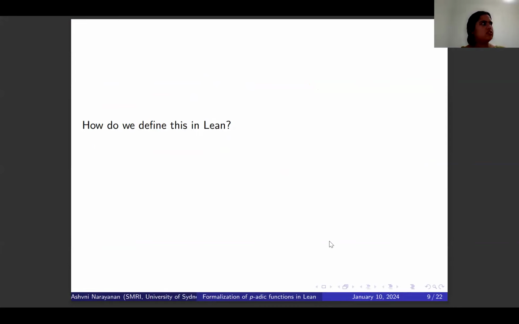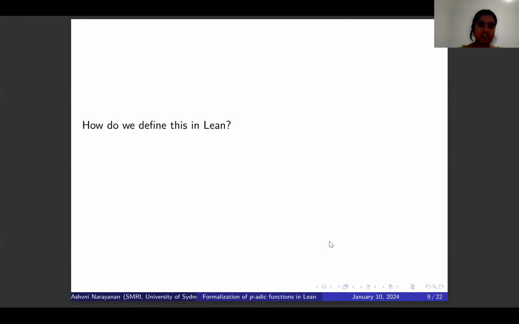Anyway, the point is CP did not exist in Lean at that point of time, and it is not trivial to define CP. So I had to find another way to go about this, and the answer came from a theorem in Washington's book, Introduction to Cyclotomic Fields, in which he said that the p-adic function is equal to some value in terms of a p-adic integral. And that is how we ended up defining it.